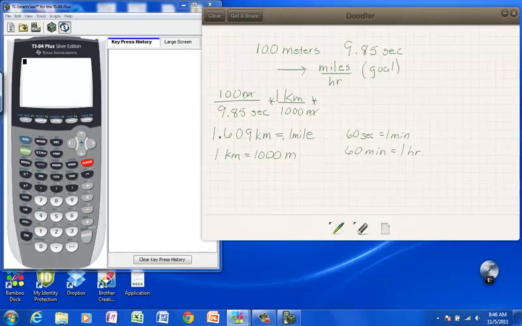I still want to get from kilometers to miles, and I want the kilometers to cancel. So the miles are what I wanted to get to. That was my goal. So I'm going to start working with the seconds, and I want seconds to cancel. So I'll put the 60 seconds up here.